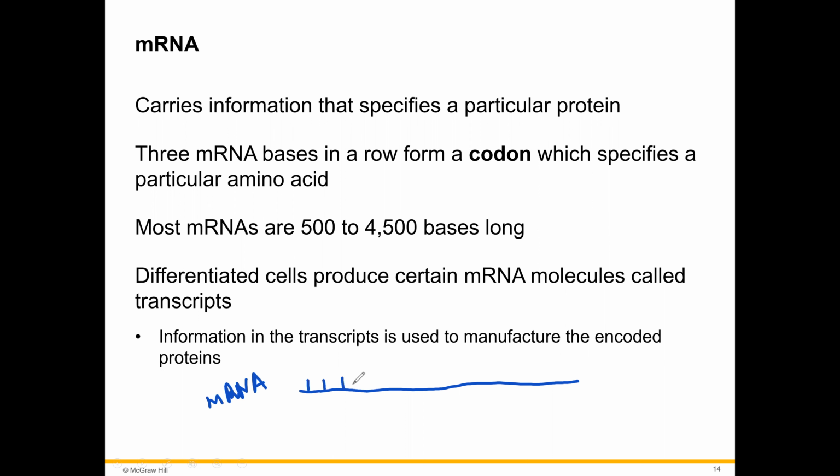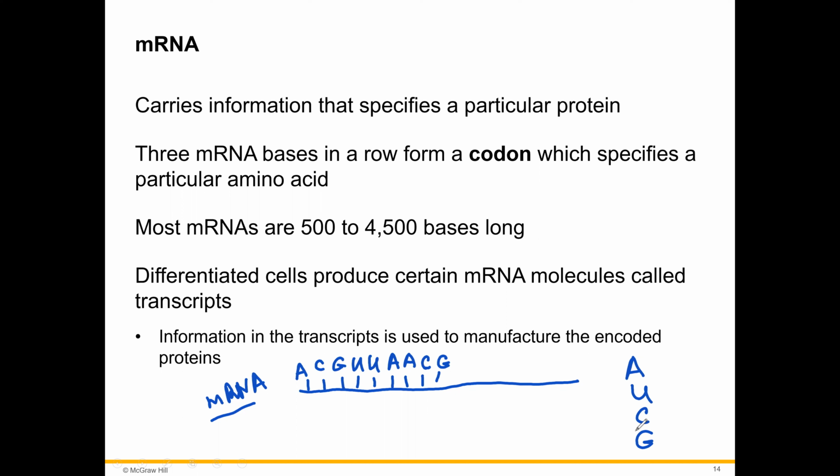So here are going to be my nucleotides. And we have A, C, G, U, and maybe again U, and again A, and again A, and again C, and G, and so on, right? So mRNA is made of nucleotides A, U, C, and G.